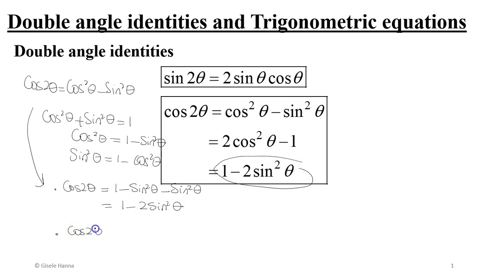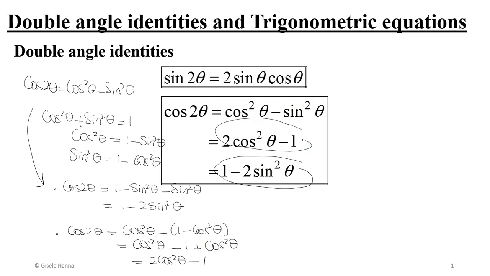However, if we replace sine squared by 1 minus cosine squared, that leads to cosine squared theta minus 1 plus cosine squared theta, which gives 2 cosine squared theta minus 1, which is the identity we have here.